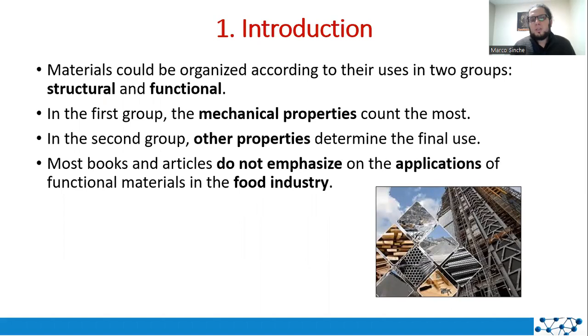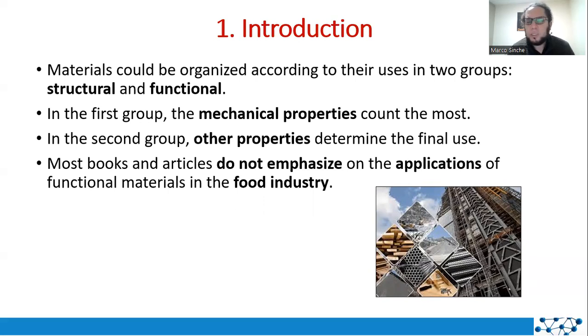So it is important to say that there are many ways to classify or organize materials, but one of the most commonly used is related to the use and importance of properties. So the materials will be structural if the mechanical properties are the most important, and functional if other physical-chemical properties are the ones that determine the final use of them.